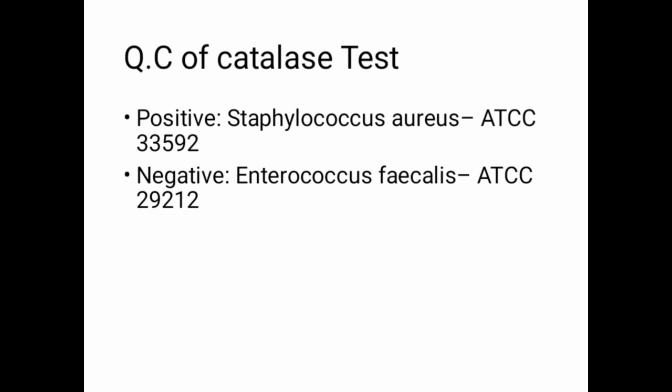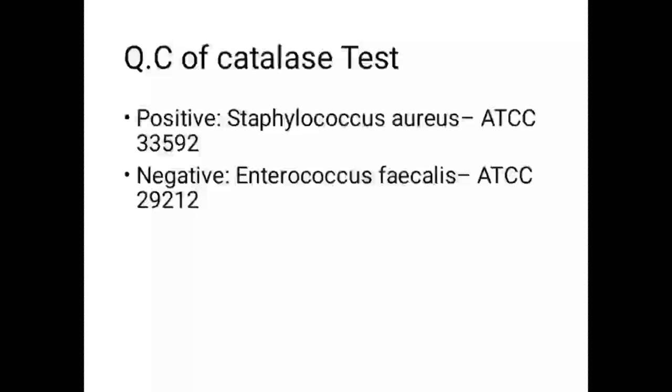The positive control is Staphylococcus aureus ATCC 33592, and the negative control is Enterococcus faecalis ATCC 29212. These two controls should be run along with the test. If we perform the catalase test, we must run these two controls.